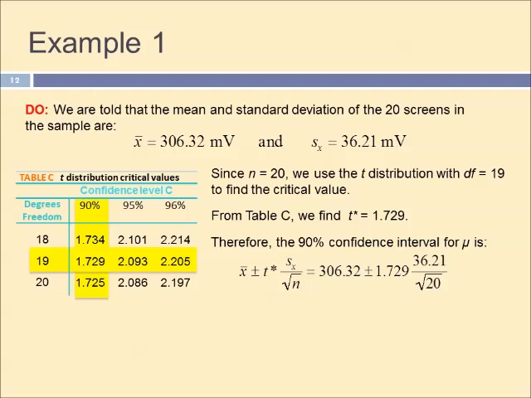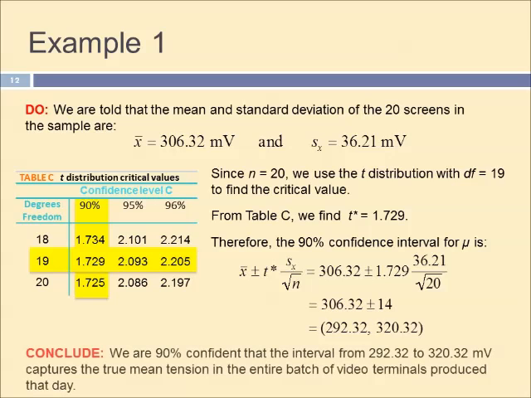That's 306.32 plus or minus the critical t-value, 1.729 times 36.21 divided by the square root of 20. And we get an interval. So we are 90% confident that the interval from 292.32 to 320.32 millivolts captures the true mean tension in the entire batch of video terminals produced that day.